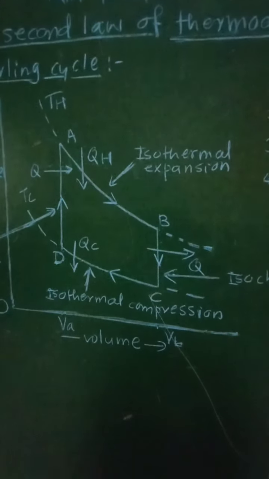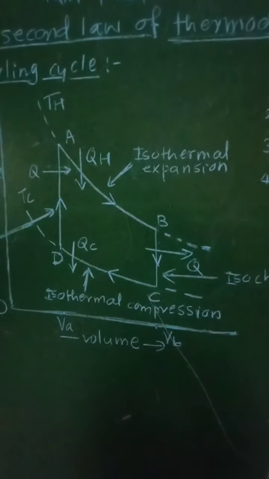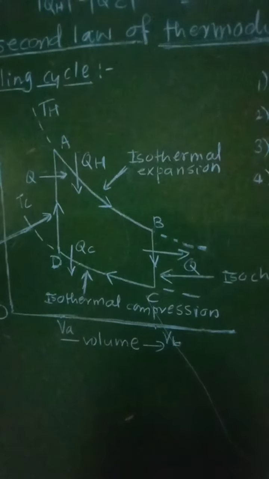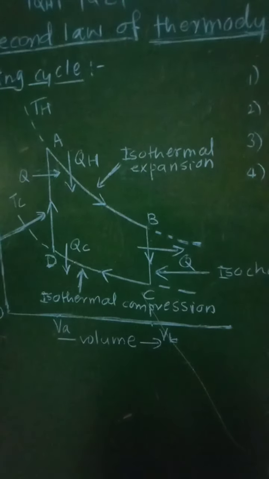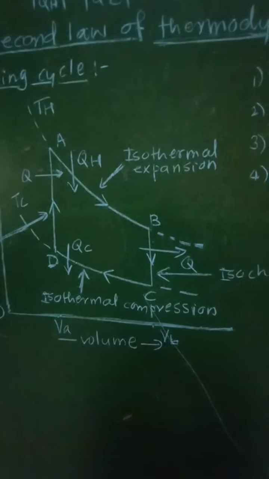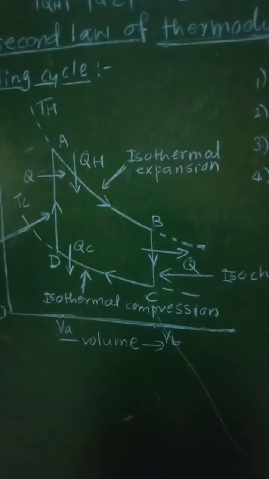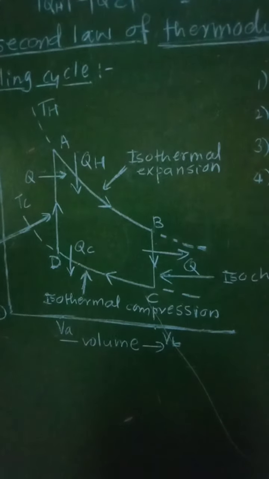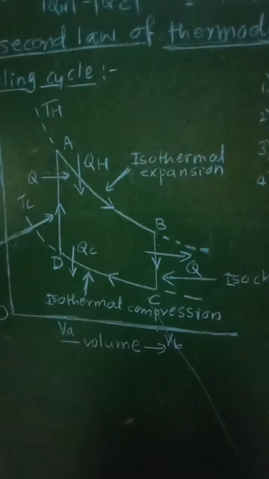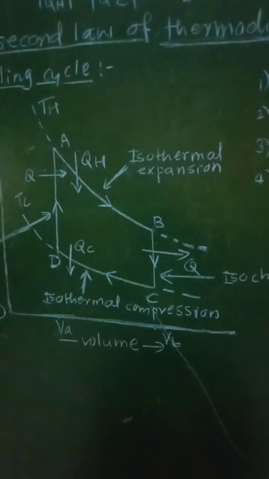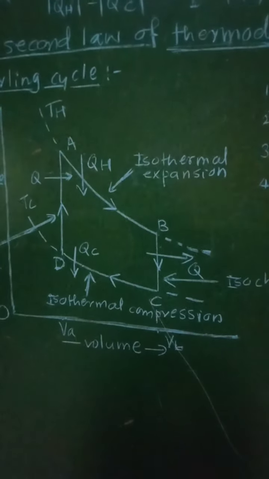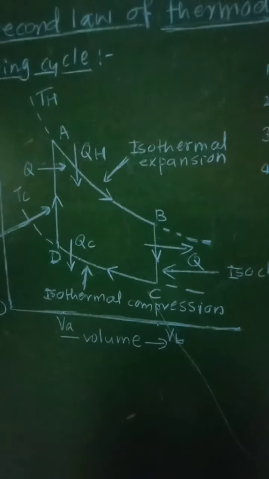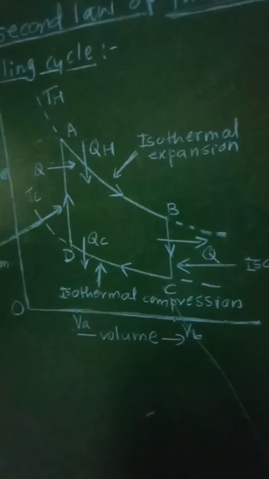Some amount of that heat energy QH will now be released during this part BC, and the heat Q is used in the next part of this cycle. Then the gas will become cool and its temperature will become equal to TC.